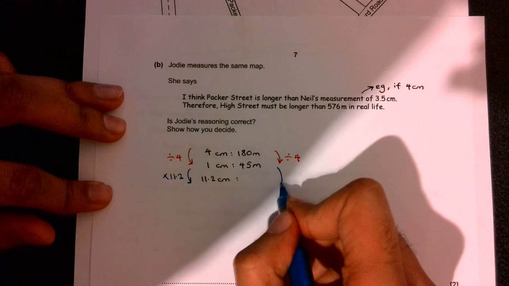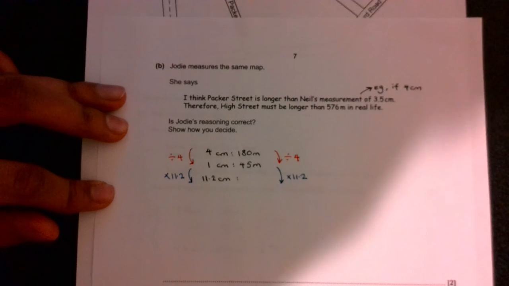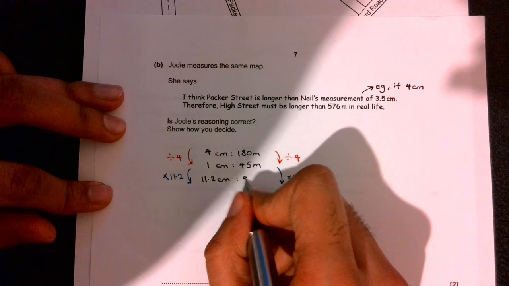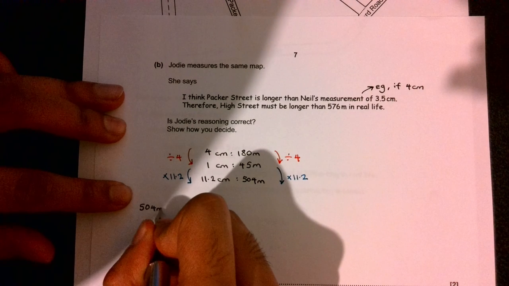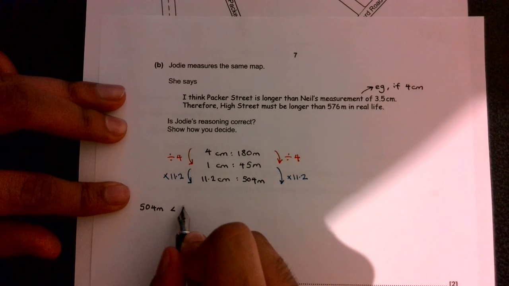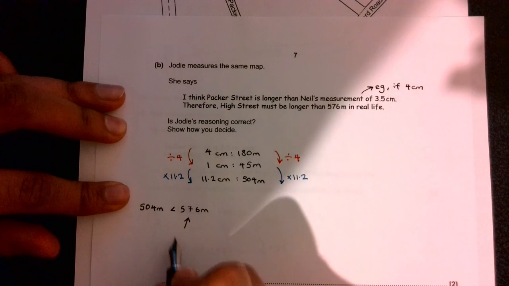So we multiply this side by 11.2. So 45 times by 11.2, that would be 504. And we see that this 504 meters, this is of course less than the 576 meters which Neil calculated.